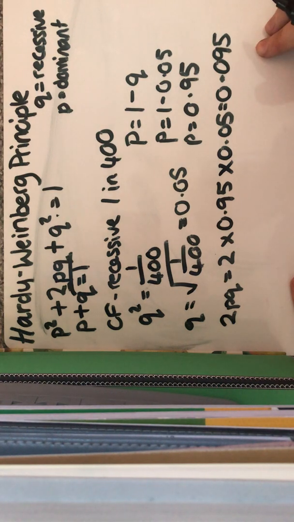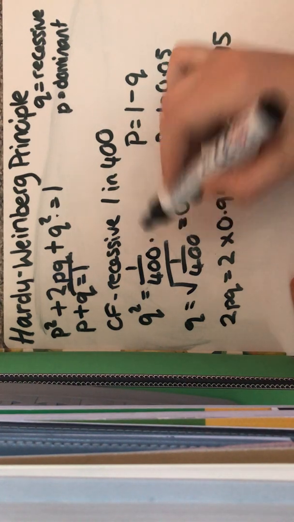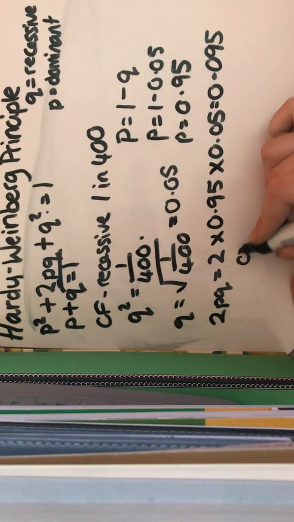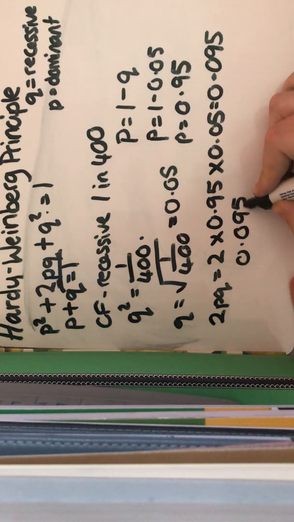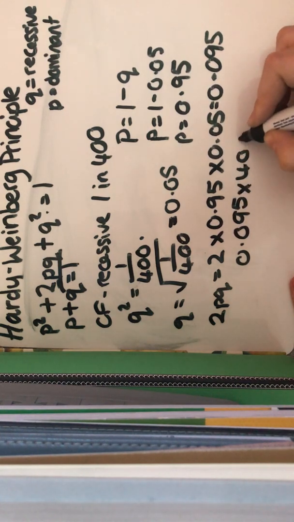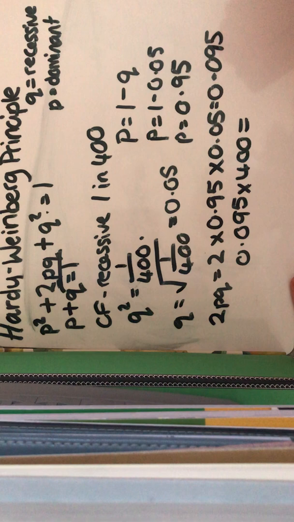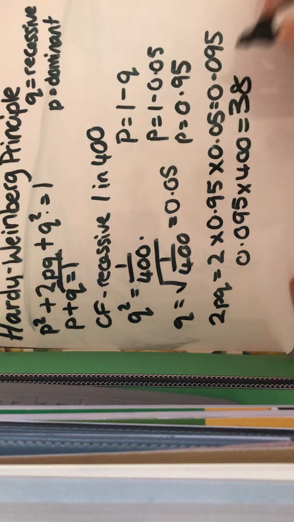And then if we wanted to find the number of actual individuals in this population that's been mentioned, so in every 400, then we can do 0.095 times 400 to see how many individuals in this population were carriers for cystic fibrosis. We could do this and that equals 38. So there's 38 individuals that are heterozygous.